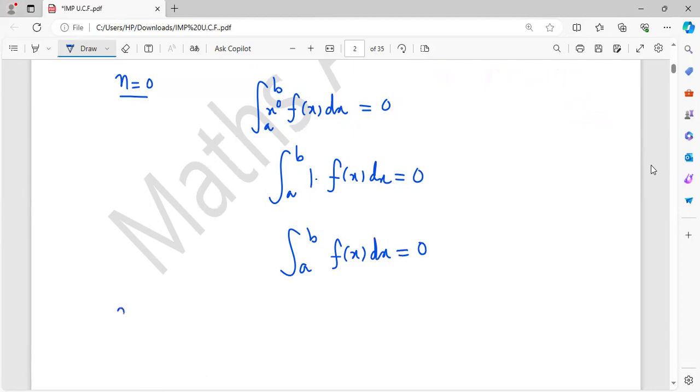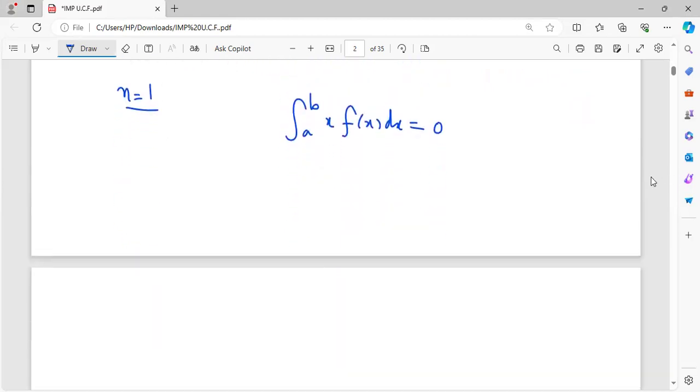So if you put n equal to 1, then you get the integral from a to b of x f(x) dx equal to 0. Now if you take n equal to 2, you get the integral from a to b of x square f(x) dx equal to 0.